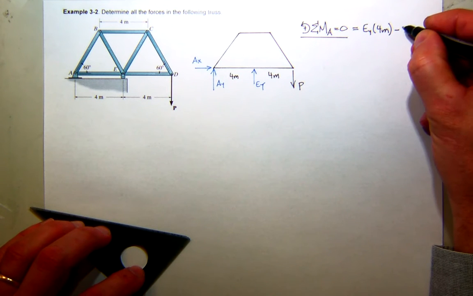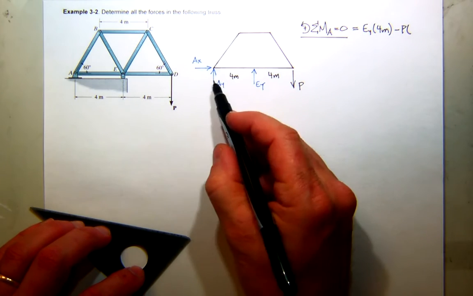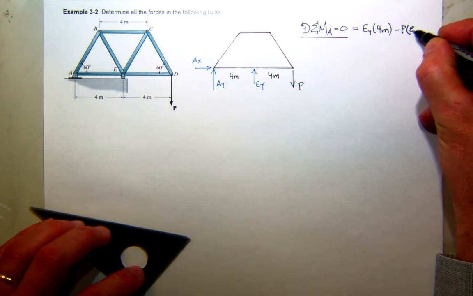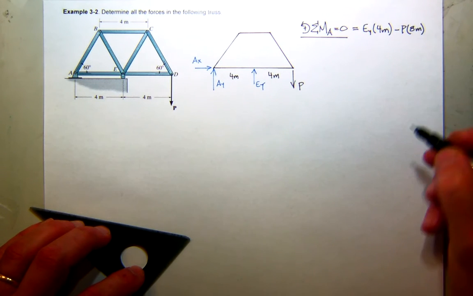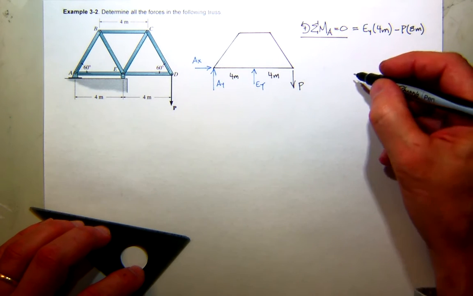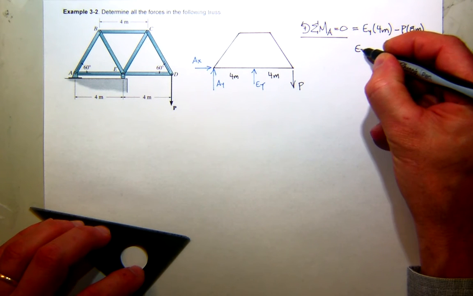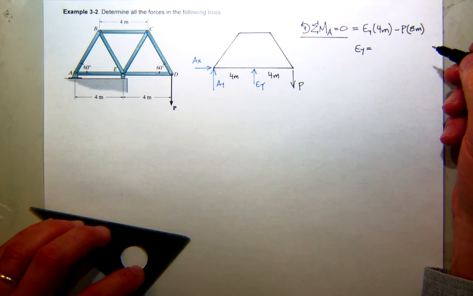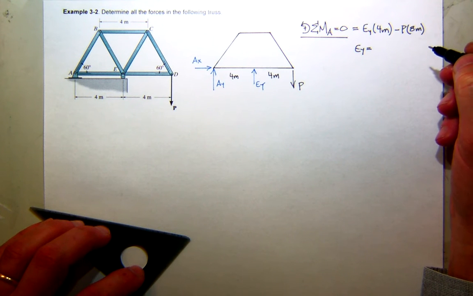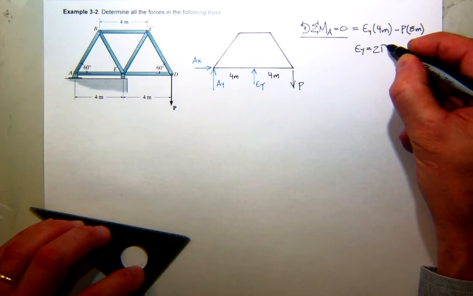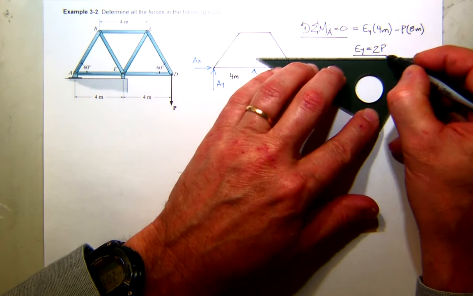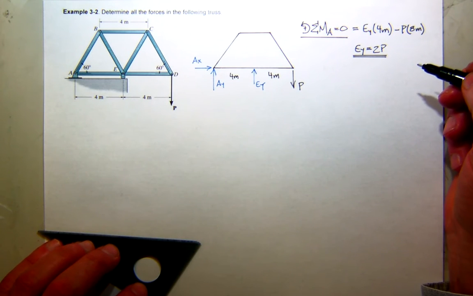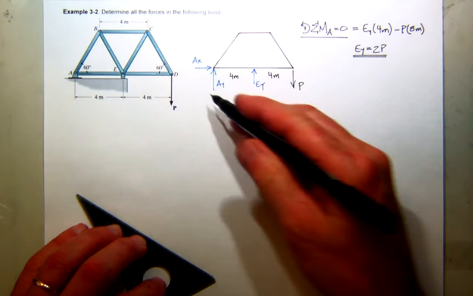And the moment is going to be the force P times the distance from A to P, which looks like 8 meters. Well, that's a pretty easy one to solve. It looks like EY is going to be 2P, right? Not bad.